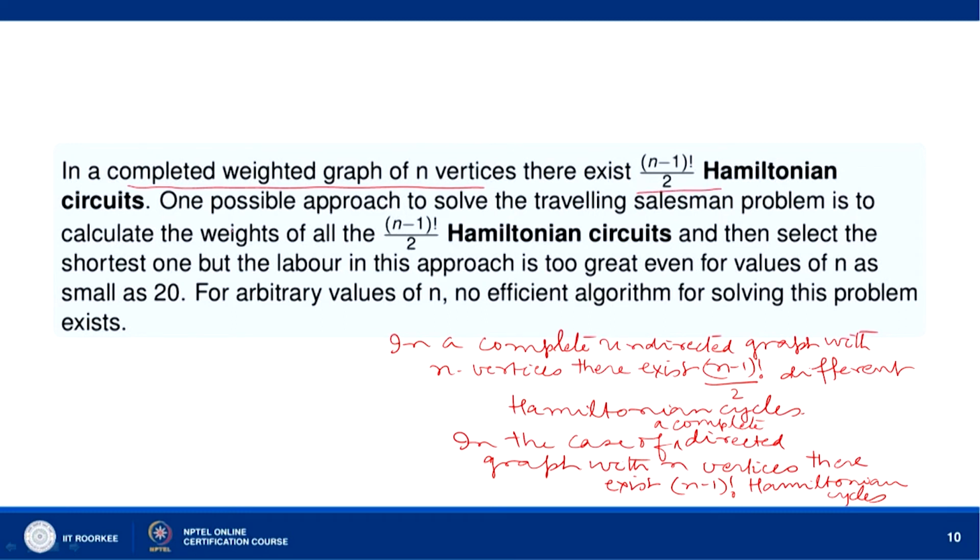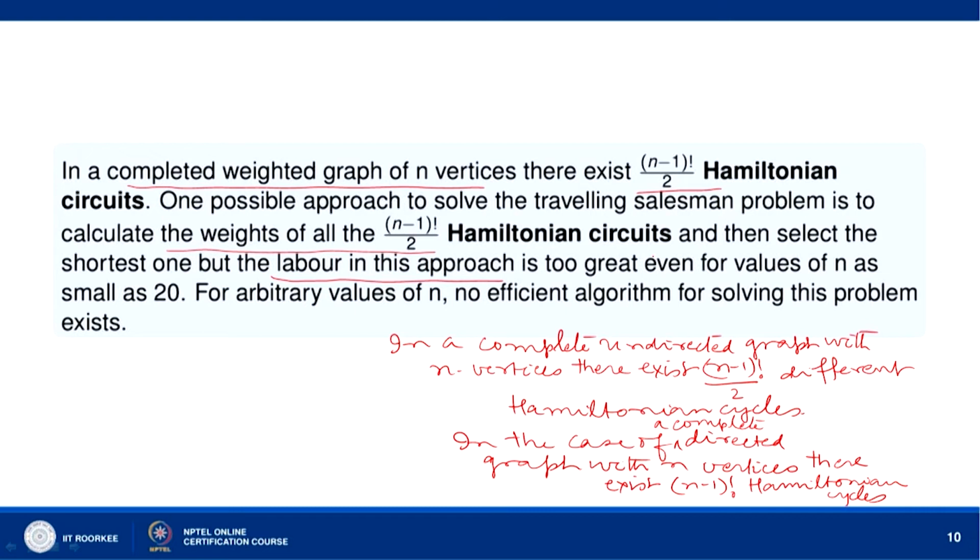Now, one possible approach to solve the travelling salesman problem is to calculate the weights of all the (n minus 1) factorial by 2 Hamiltonian circuits and then select the shortest one. But in that case the problem will be very difficult to solve, because when n is large, the number of Hamiltonian circuits will be too large.